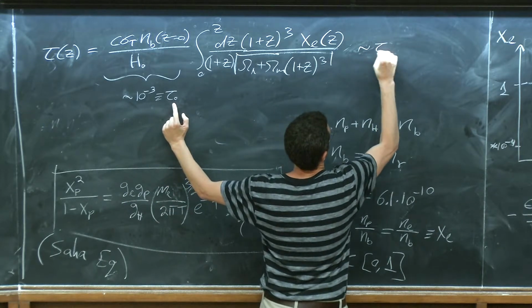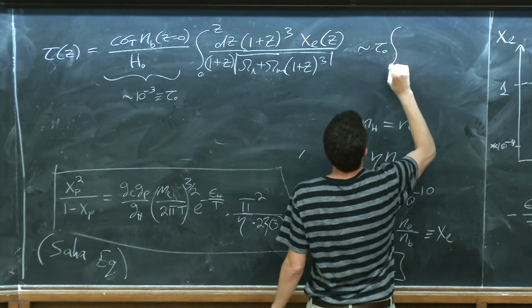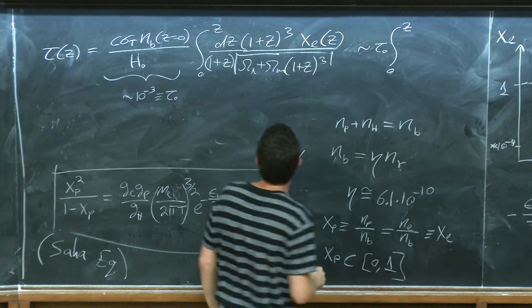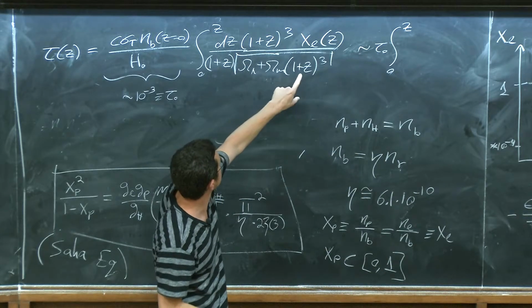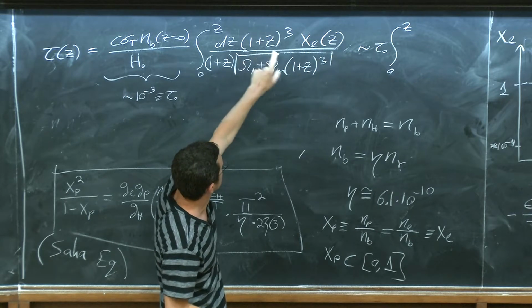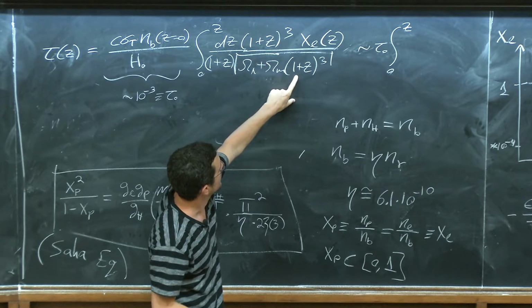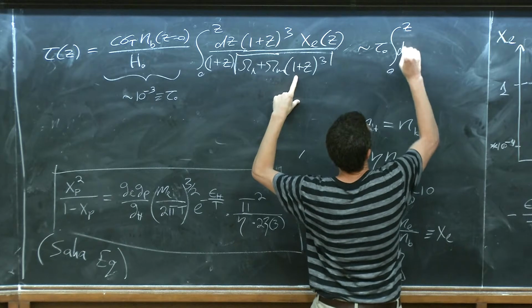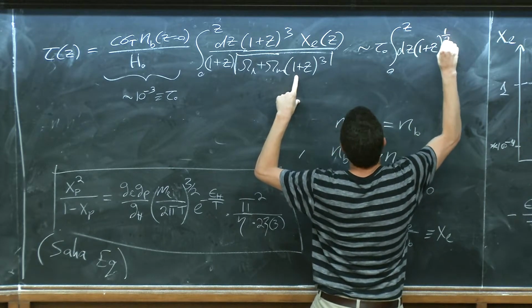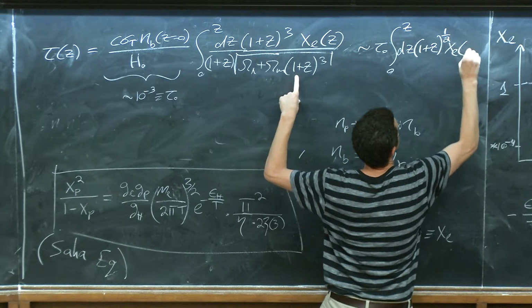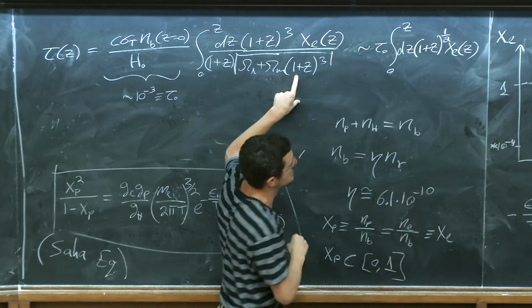So it scales like tau naught times an integral from 0. I can take just the matter density here. So this is z squared in here and z to the 3/2, so I have z to the half, times x_e of z.